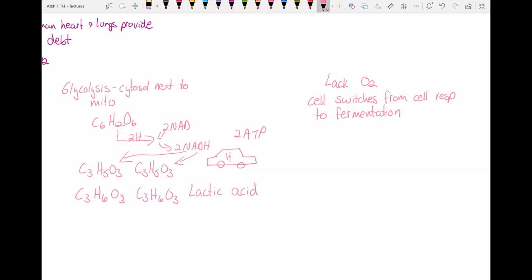In fermentation, you can only do glycolysis. You're not going to use your mitochondria. You're only going to get 2 ATP.